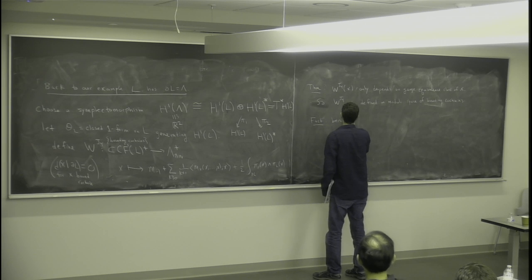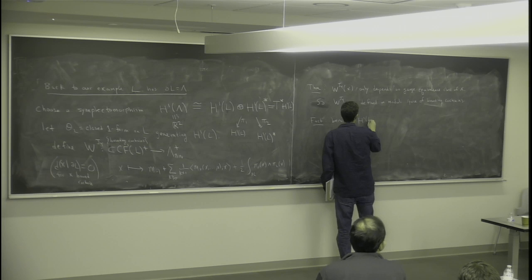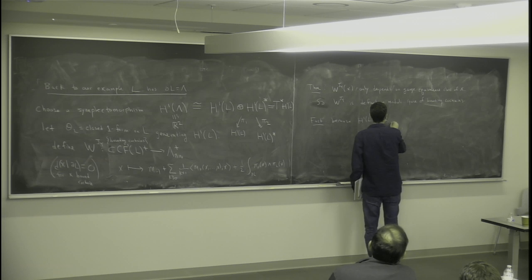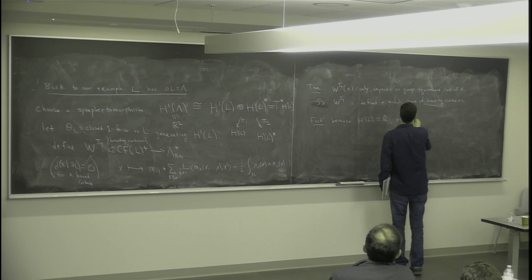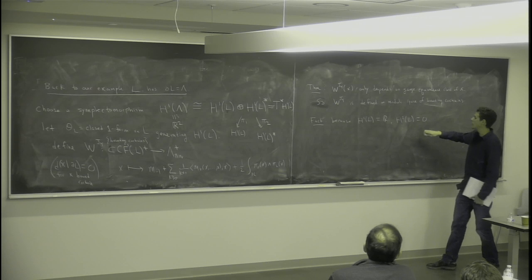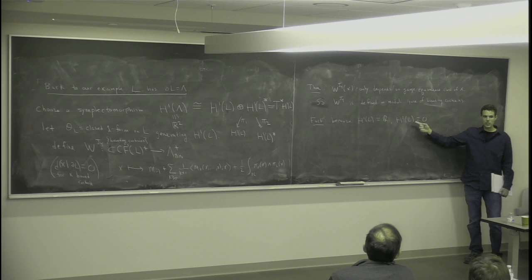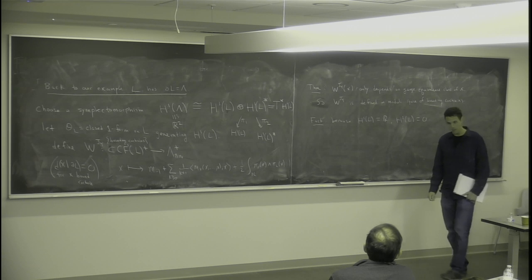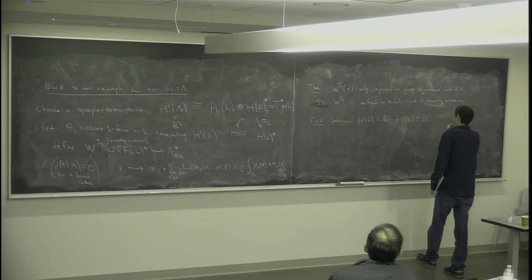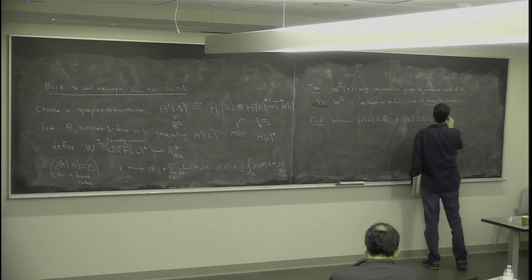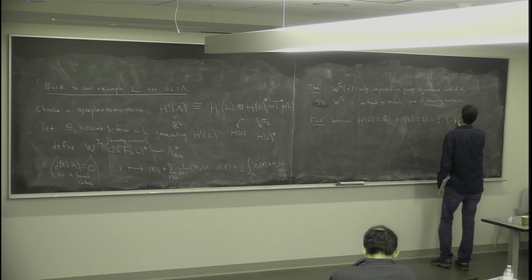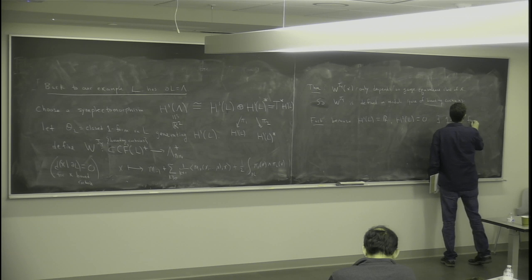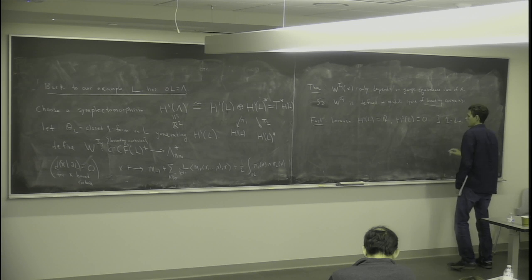And because it's 0, that means basically there is no obstruction for finding bounding cochains. There exists a one-dimensional family of bounding cochains such that they are all different. None of them are gauge equivalent.